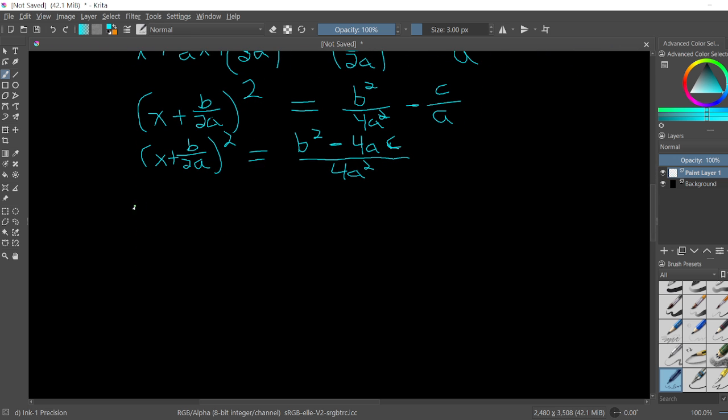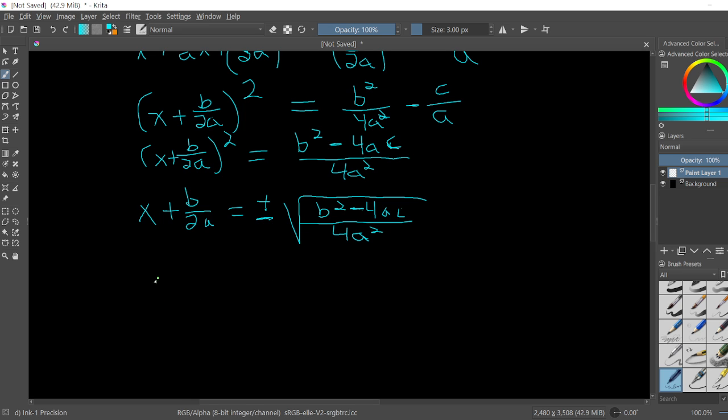If I take the square root, I get this all on its own, and I have to take the square root of the right-hand side. Now, whenever we take a square root, we have to get positive and negative values. So I'll put all of this here, and I'll work on simplifying this.